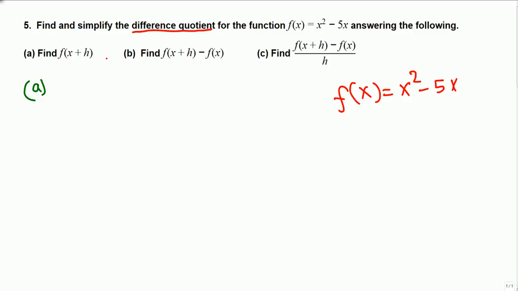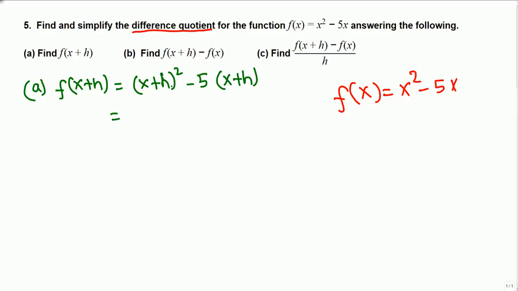So the input is now not x, we have x plus h. So this x will be replaced by x plus h, and this x is also replaced by x plus h. So f of input is input squared minus 5 times input.